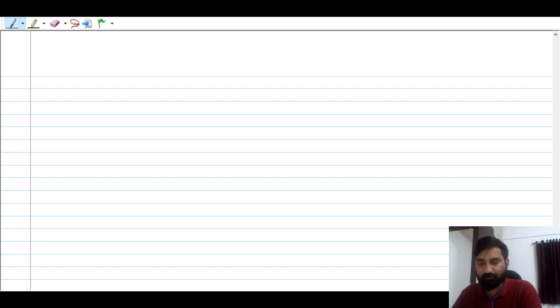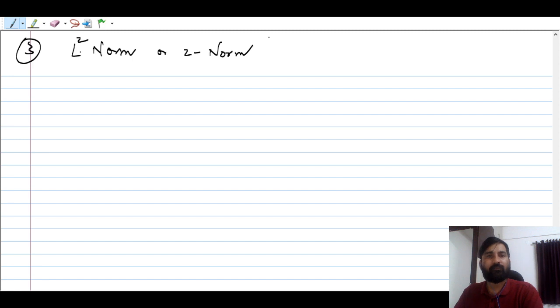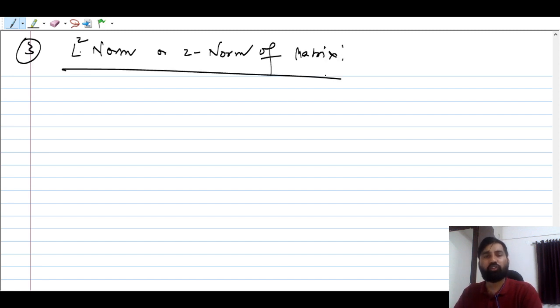But for L2 norm or 2 norm, you have to put in some extra effort, right? तो आप third बोल सकते हो, L2 norm or 2 norm of matrix. Okay, so how do we obtain this L2 norm? This is very important. So we can evaluate 2 norm for a matrix, right? So steps you have to follow.